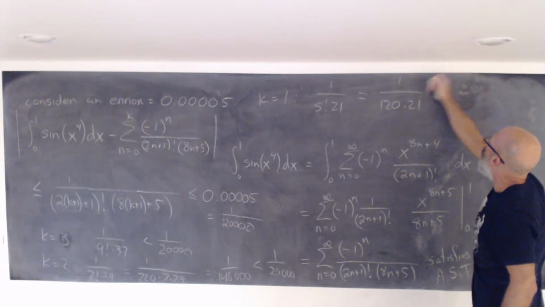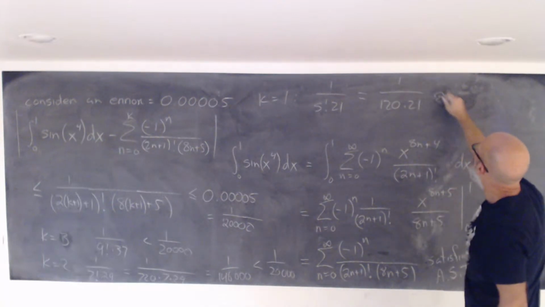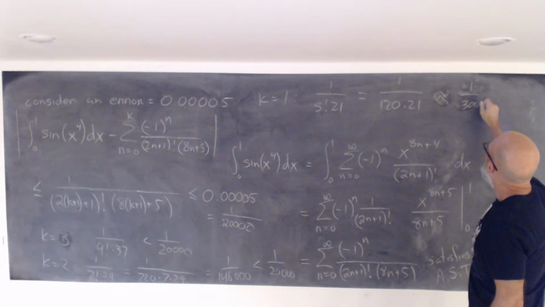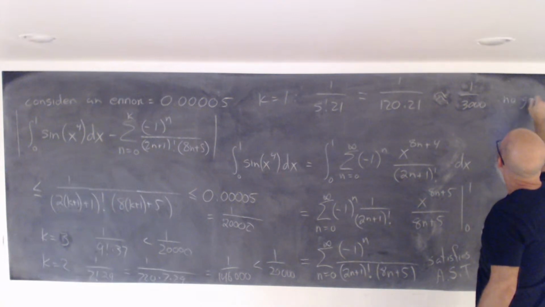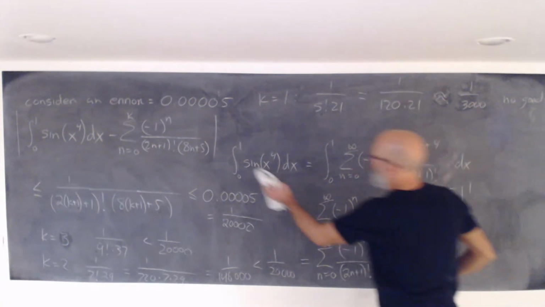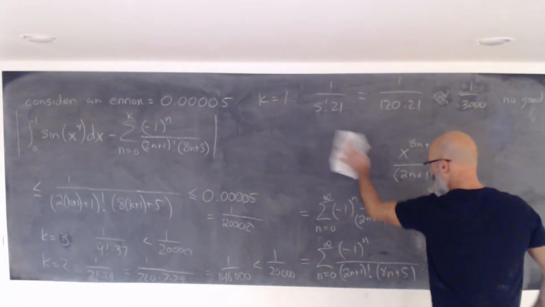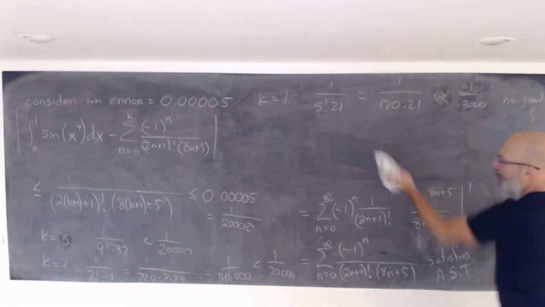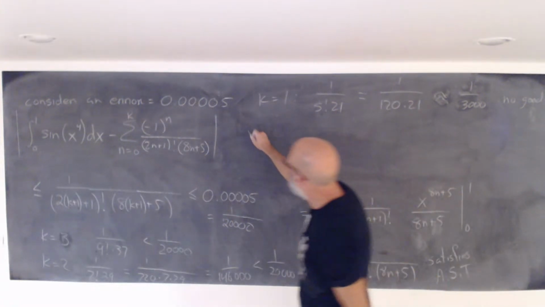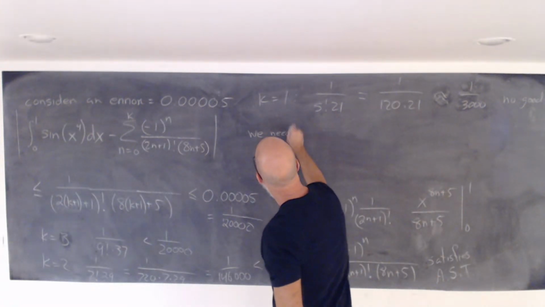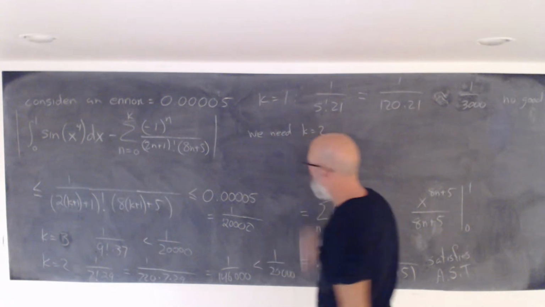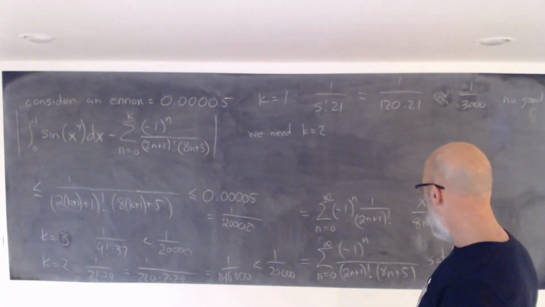It's going to be bigger than 1 over 3,000. Anyways, no good. There you go. So k equals 2 is what we need.